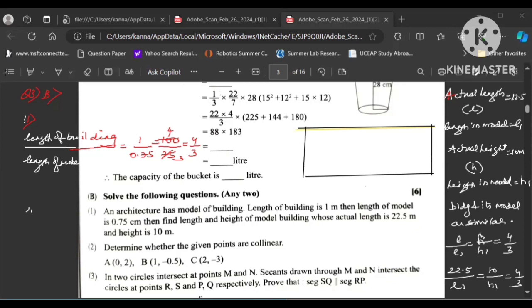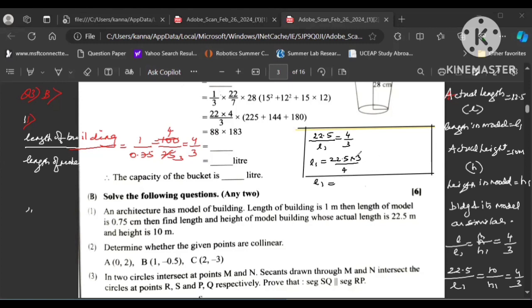What will happen? Therefore, 22.5 upon L1 is equal to 4 upon 3. So cross multiplied, L1 equals 22.5 into 3 upon 4. So how much you get?